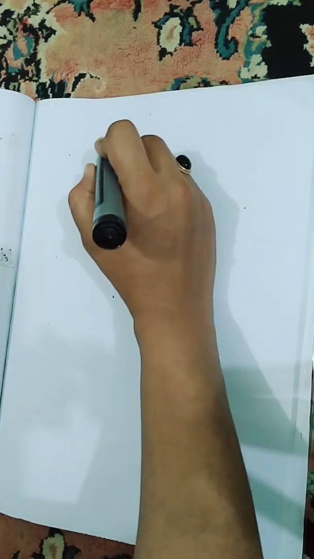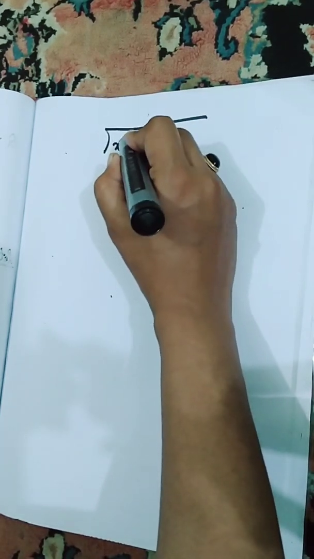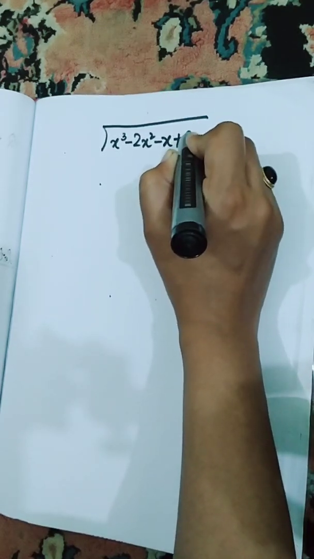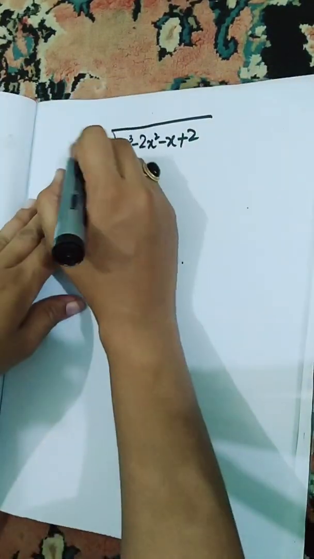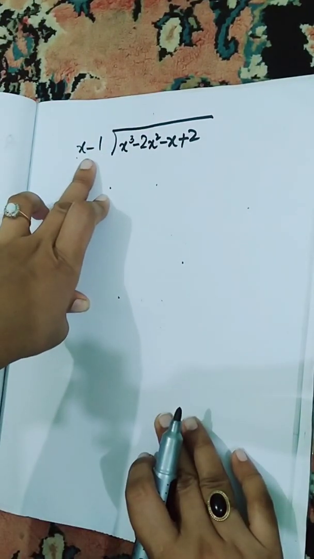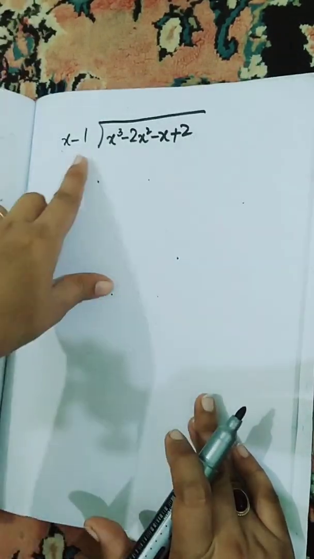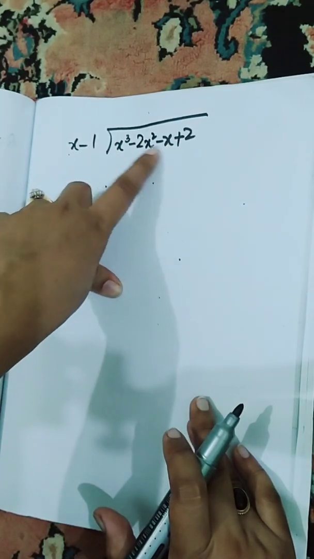The polynomial x cube minus 2x square minus x plus 2 is going to be the dividend, and the factor x minus 1 is going to be the divisor. Whatever factor we found, we will have as a divisor, and the given expression as a dividend.